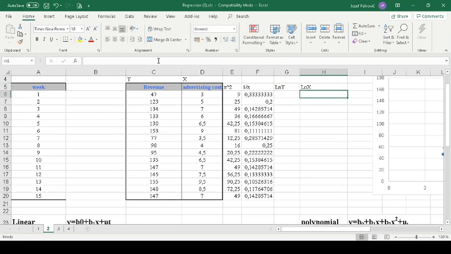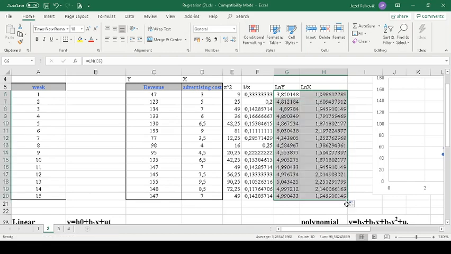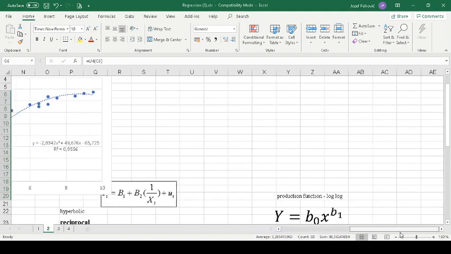We will use ln, natural logarithm, for the dependent. We can pull it also to the independent and to the rest. Now we have the logarithm of the dependent and independent variable.